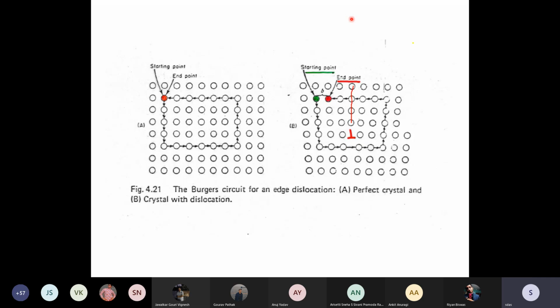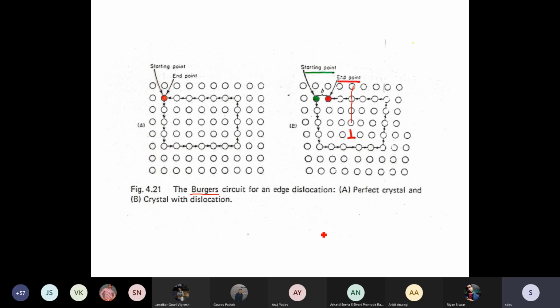So a vector is defined by two things, its direction and the magnitude. And this vector is called Burgers vector. The circuit I drew is called Burgers circuit. Burgers, not Barger. There is no apostrophe.